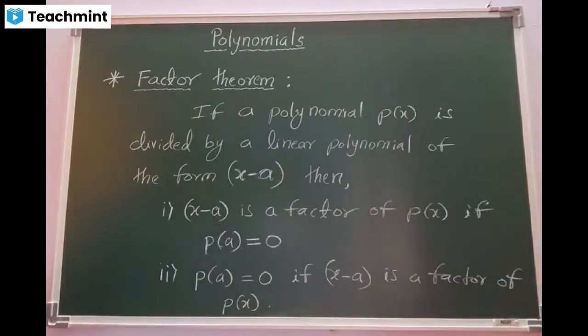Factor theorem. If a polynomial p of x is divided by a linear polynomial of the form x minus a, then number one, x minus a is a factor of p of x if p of a is equal to 0. Number two, p of a is equal to 0 if x minus a is a factor of p of x.